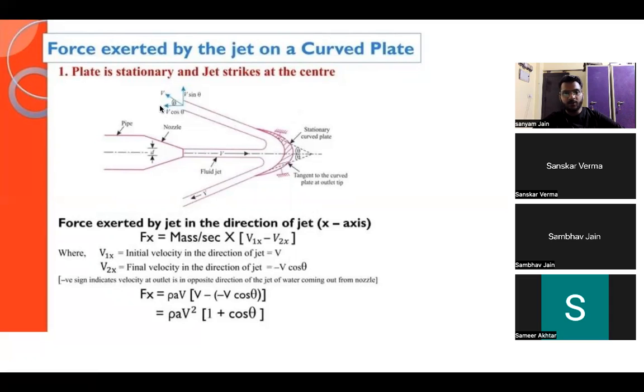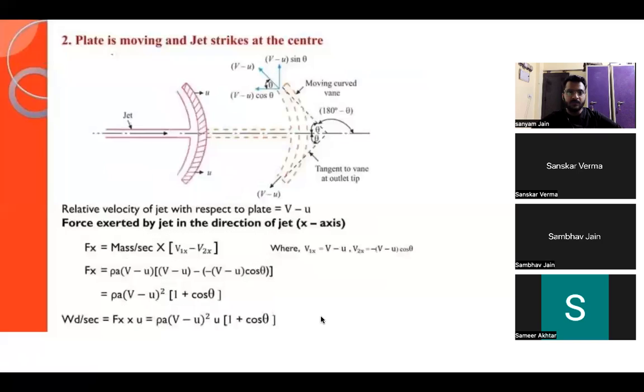We take its component in the x direction, which is V cos θ. The final velocity is opposite to the initial velocity, so we take a negative sign. When we write the impulse momentum equation, it becomes V, the initial velocity, minus the final velocity, which is opposite in direction, so we take a minus. Minus minus becomes plus, so the force exerted by the jet in the x direction would be ρAV²(1 + cos θ).